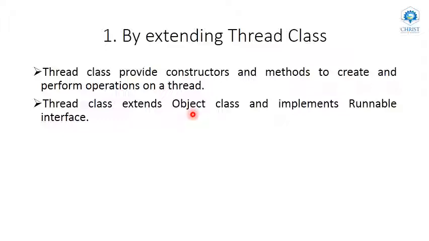That means the thread class implements runnable interface. So thread class inherits object class and at the same time it implements runnable interface also. And I said we'll need this later because we will be using runnable interface, then we will see what's the relation between thread and this runnable interface.